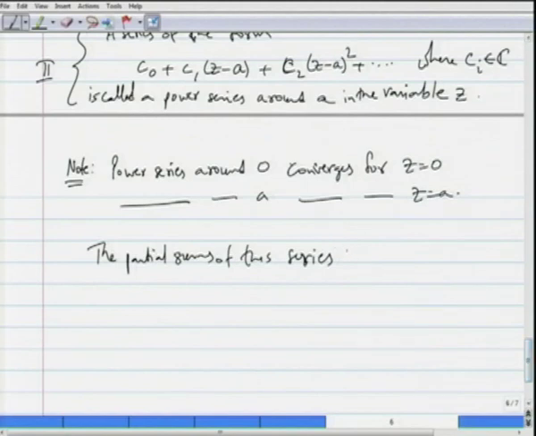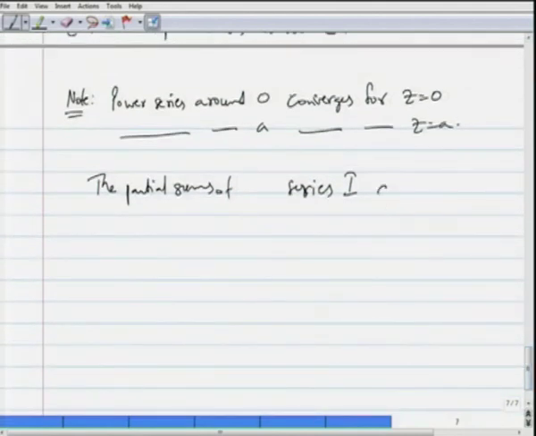Here I am going to talk about this type 1 series, the partial sums of series 1. What are they? They are S naught equals A naught, S 1 equals A naught plus A 1 z, and I will just go until S 2, A naught plus A 1 z plus A 2 z squared.